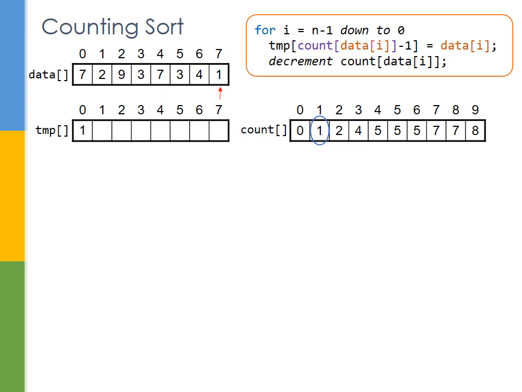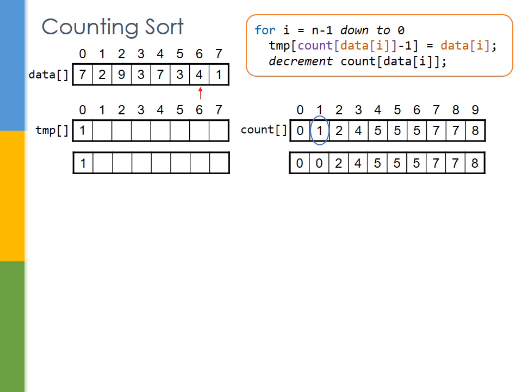So that's what we've done over there. Then, once we've performed the copy of the value into temp, we also need to decrement the current value in the count array that we've retrieved. So we decrement this value 1 and then move our pointer in our data array to the next element. We've decremented the 1 to 0, and now we're pointing at the next element in the data array.